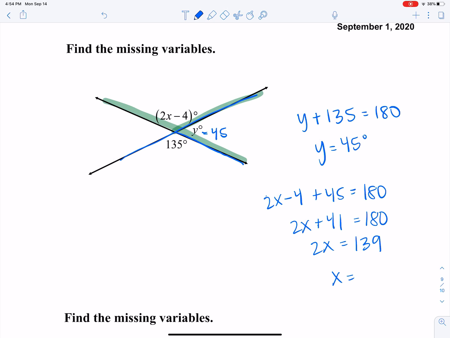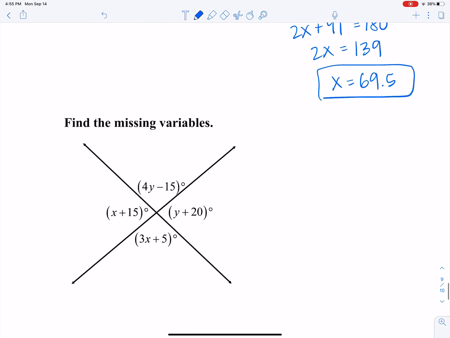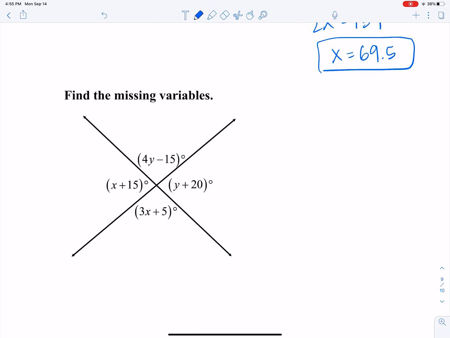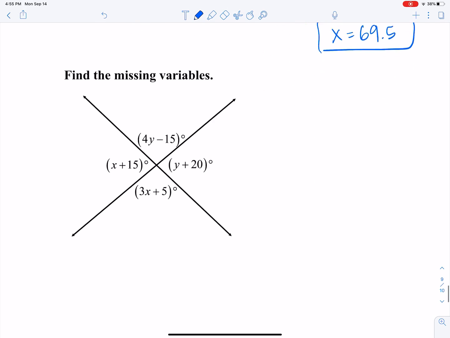Let me use my calculator. 139 divided by 2. So find all the missing variables. We found x and y.